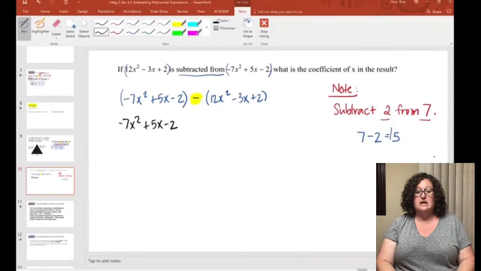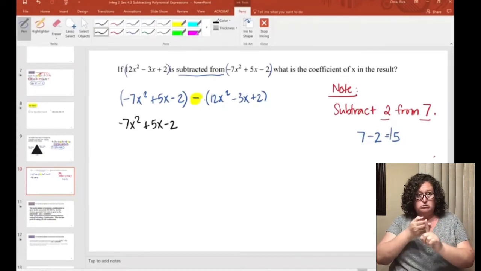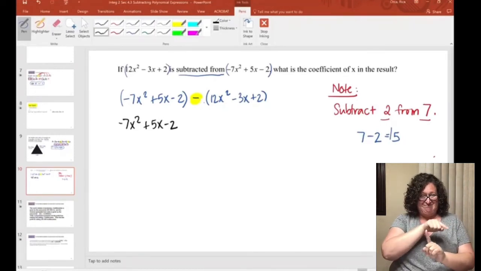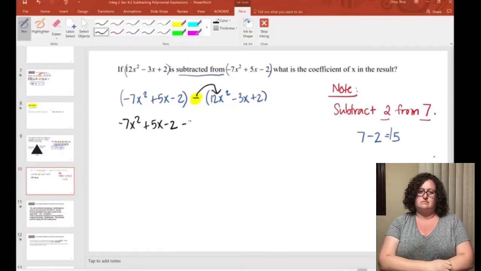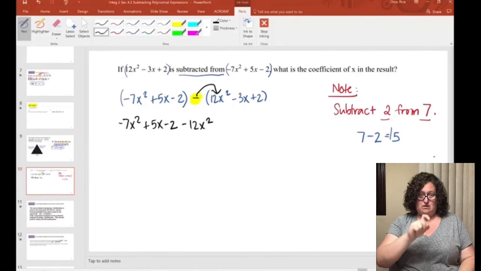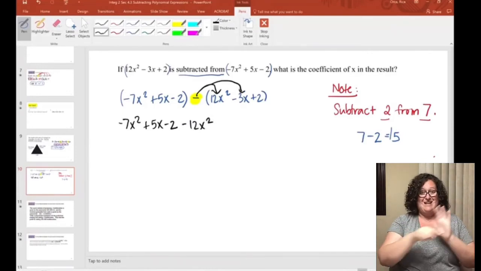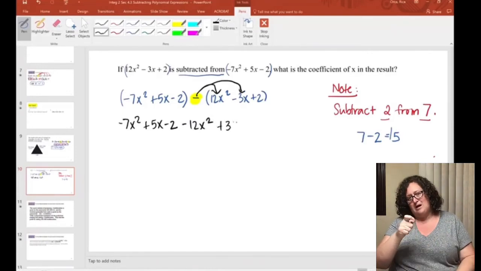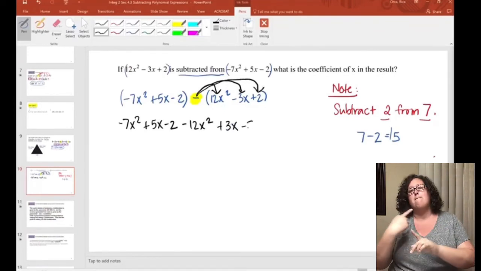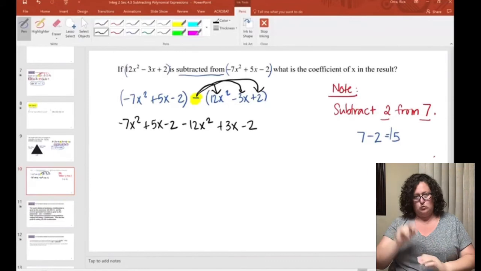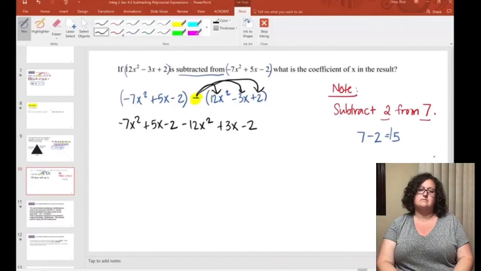In the second trinomial, we have the negative on the left side of our parentheses, so let's go ahead and distribute that negative in. Negative 12x squared, and then the negative times negative 3x is positive 3x, and the negative times positive 2 is negative 2. Now let's combine.